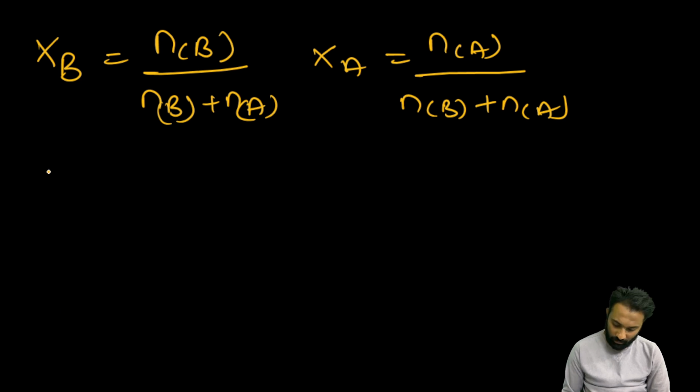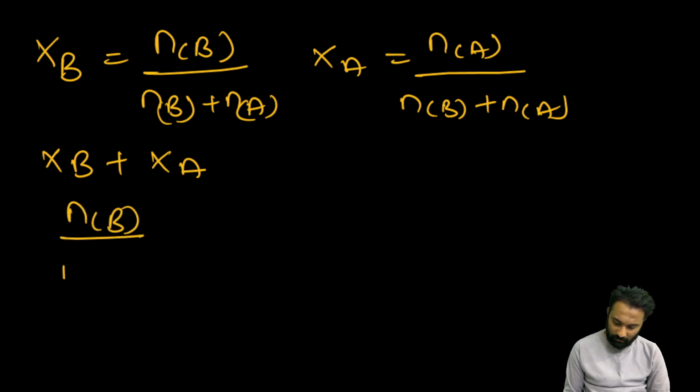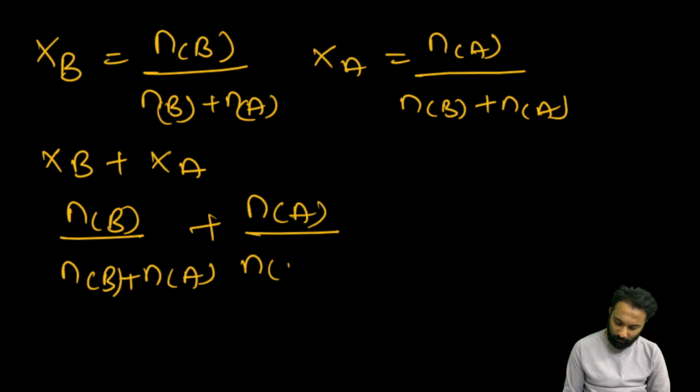Now if I add chi B plus chi A, what is chi B? NB by NB plus NA, plus NA by NB plus NA.